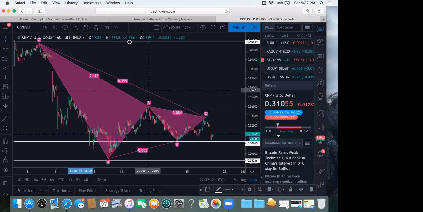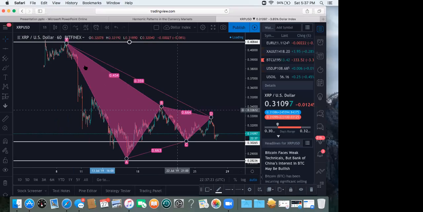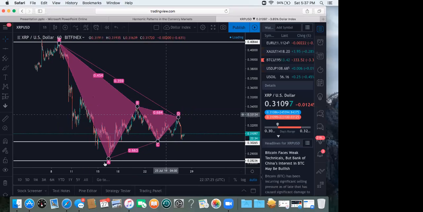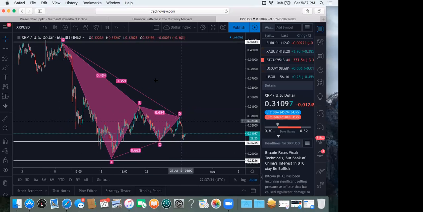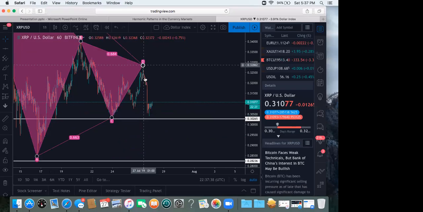Like I was telling y'all earlier, it is good to catch these crabs. It is very good because we know this is not yet finished on the 1 hour. So we drew it up right here. Don't focus too much on the numbers. And then we looked for the possible entry at D, right? You could have got in the sell right here.